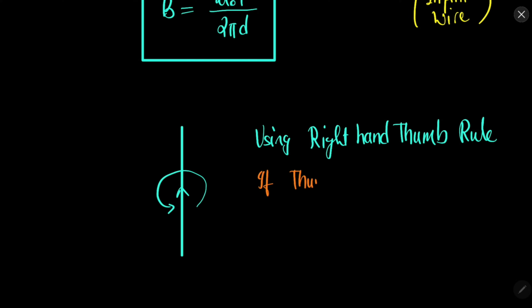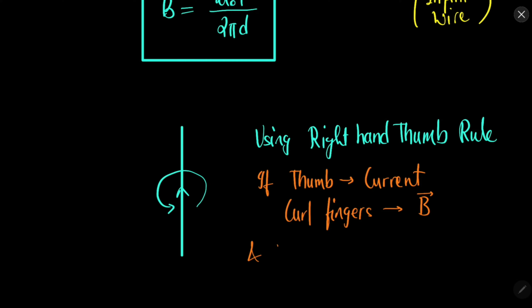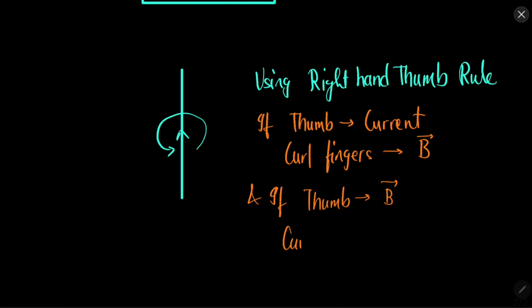If thumb is the current, then the curled fingers are the magnetic field, and if thumb is the magnetic field, then curled fingers are showing the current.